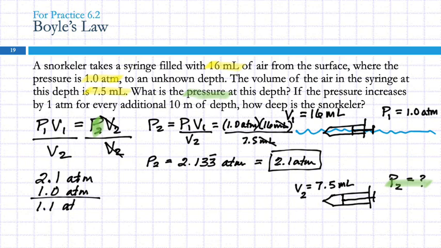So I've had an increase of 1.1 atmospheres. That's the increase in pressure. I get an increase of 1 atmosphere for every 10 meters. Every 10 meters gives me 1 atmosphere. So that tells me this guy is at 11 meters deep.